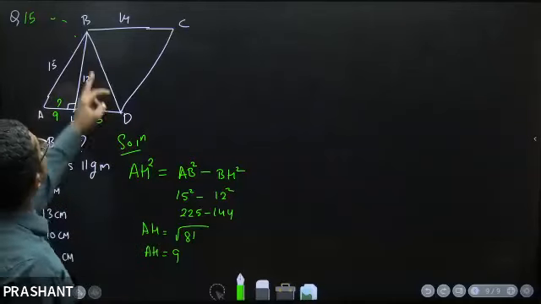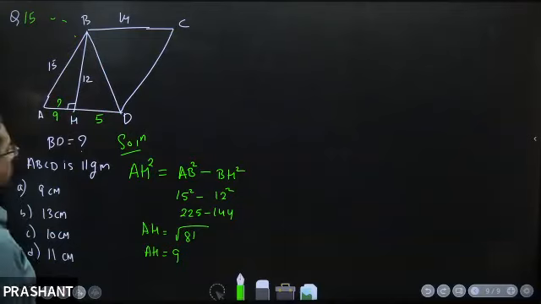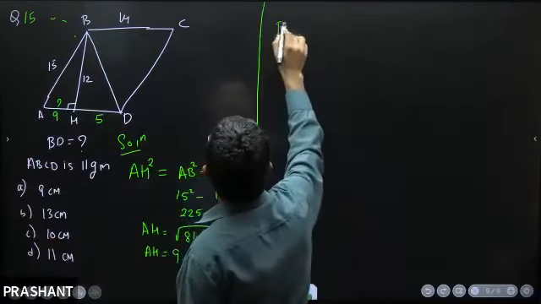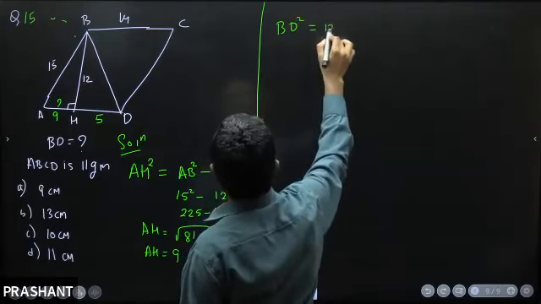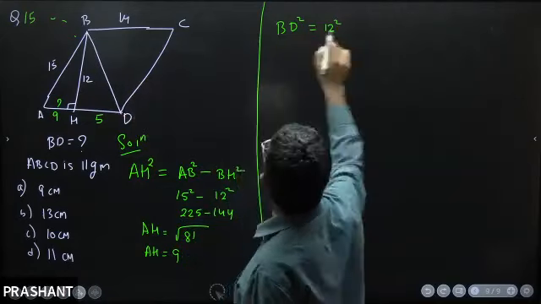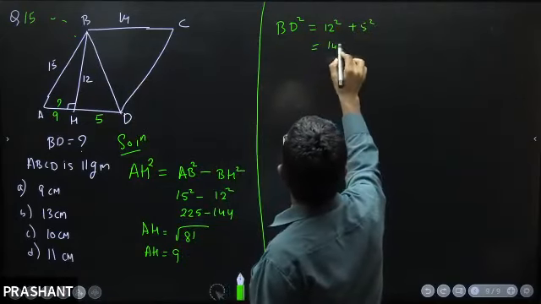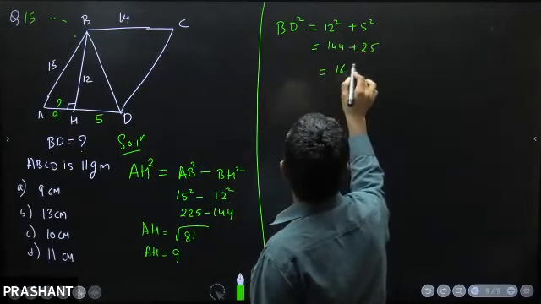So correct. तो ये हमारा inside BHD में if you apply Pythagoras theorem, so BD क्या हो जाएगा तुम्हारा? So BD square is equal to 12 square plus 5 square. That is 144 plus 25, that is 169.